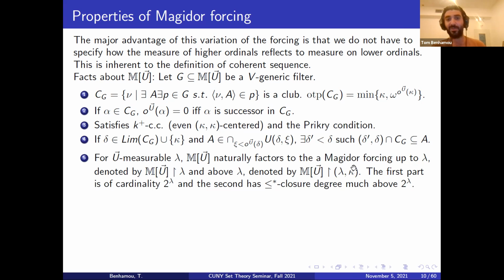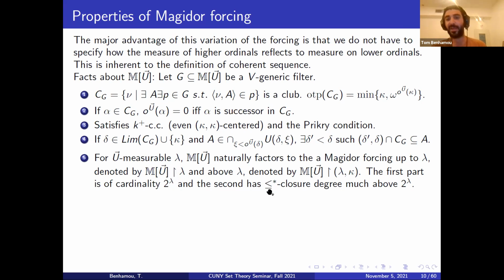And in this sense, MU factors into two parts. Note that the first part is of cardinality 2 to the lambda, because these are pairs where the maximal pair is lambda, and there are subsets of lambda there, so it's at most 2 to the lambda.